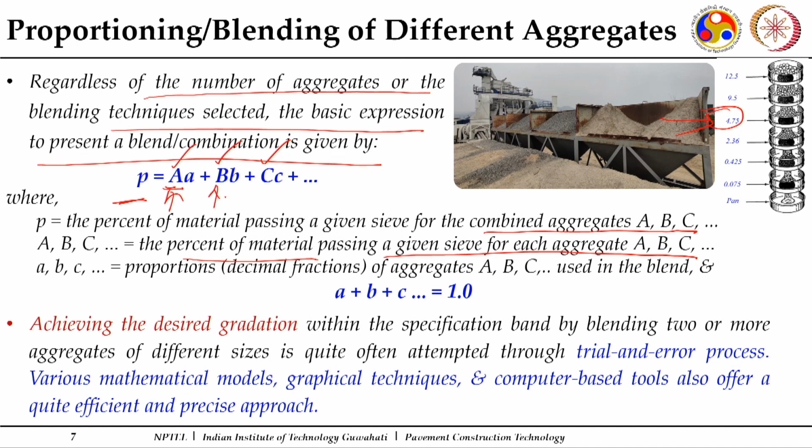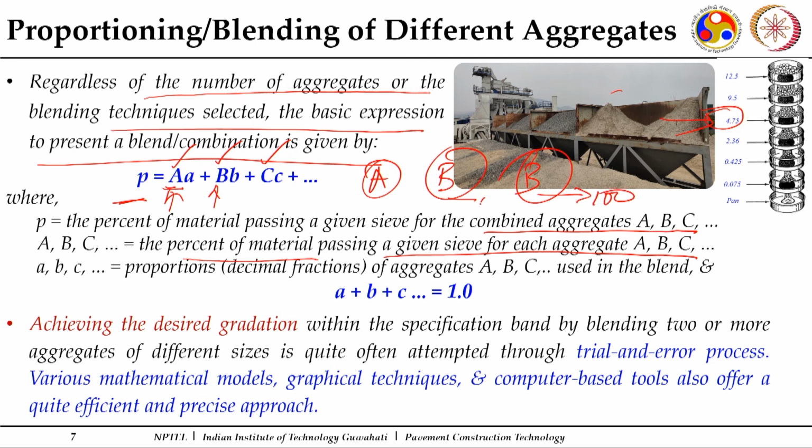How much percentage of third, if I have 3 stockpiles, these are cold fill bins. So, I have 3 aggregates A, B, C. When I did the individual gradation, as I mentioned, the aggregates may be in the range of a few sieve sizes. So, I will check. There may be a chance that this is 100% passing.